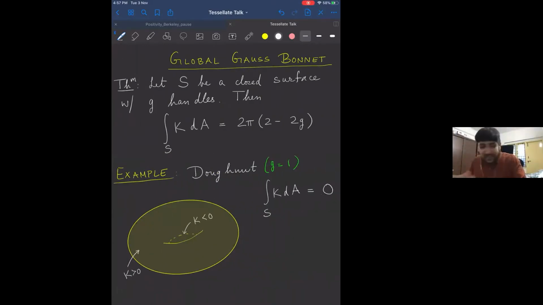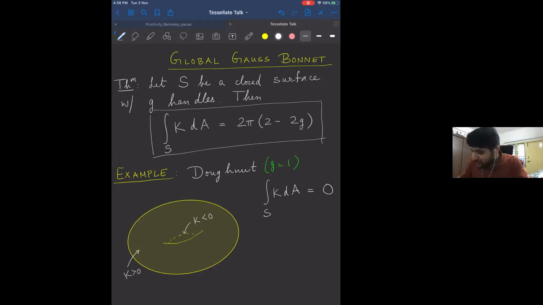That finally brings us to the punchline for this talk. If S is a closed surface with G handles, then if you compute the total curvature, that is precisely going to be 2 pi times the Euler number, which is 2 minus 2G.